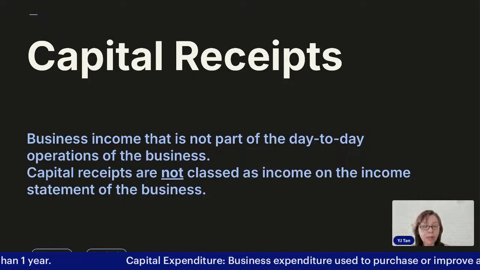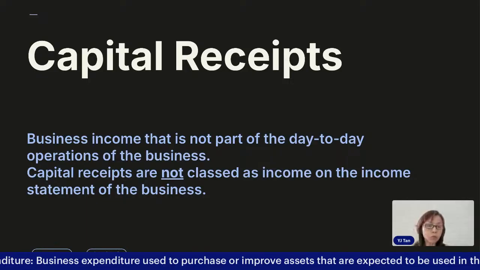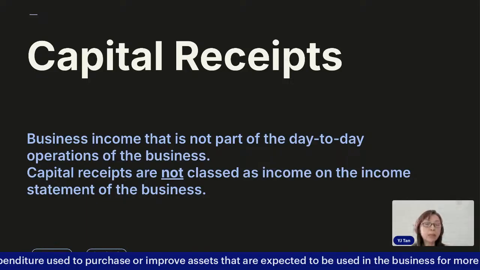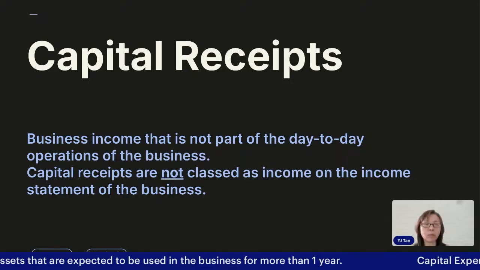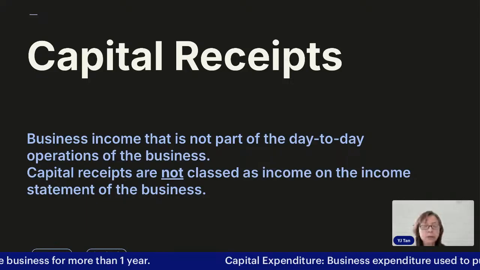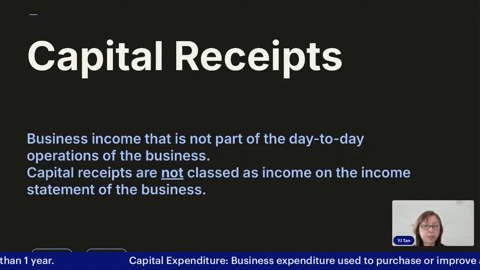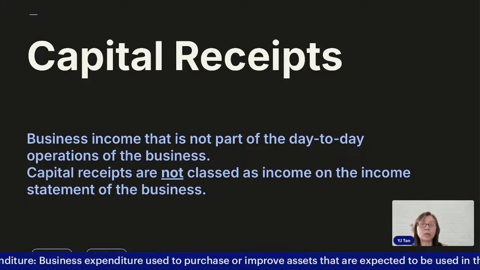For example, you are purchasing some goods for resale purposes. After you resell, the income will not be classified as a capital receipt. Then what is considered a capital receipt? Later we will have a look at some examples.